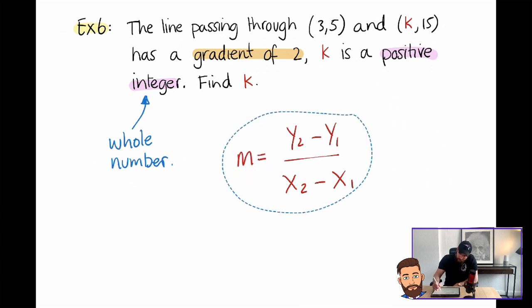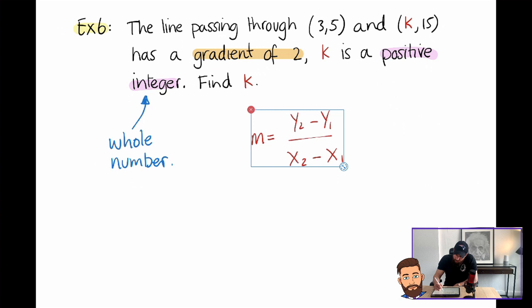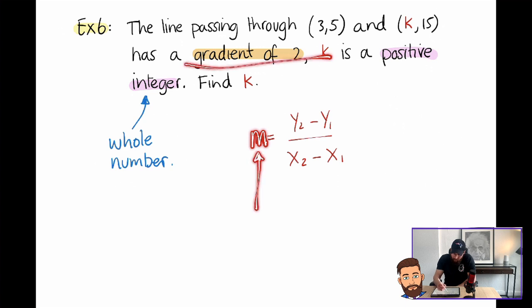So we're going to look at this formula and look at the question and say, right, what do I actually know about any of this? M. Do we know what m is? Yes. We know that the gradient, which we know is called m, is 2. So we know that m is 2, right? What is x1, y1, x2, y2?